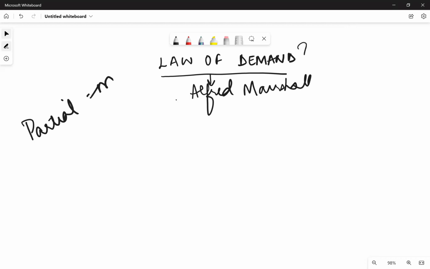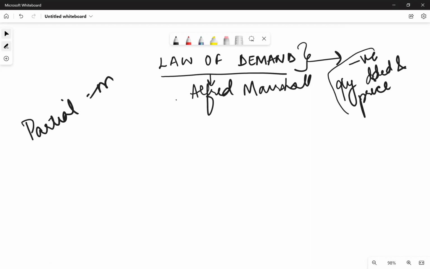That is, the law of demand states that there is an inverse relationship between quantity demanded and the price of it, right? So there is an inverse relationship between the quantity demanded of a commodity and its price, right?